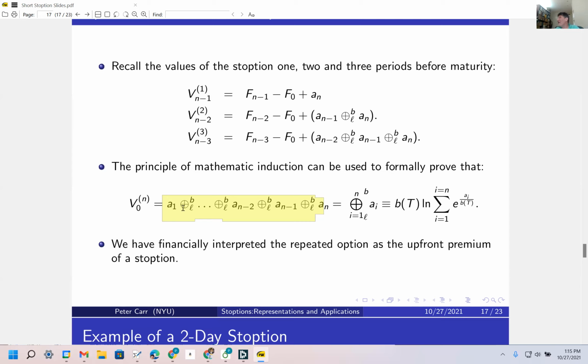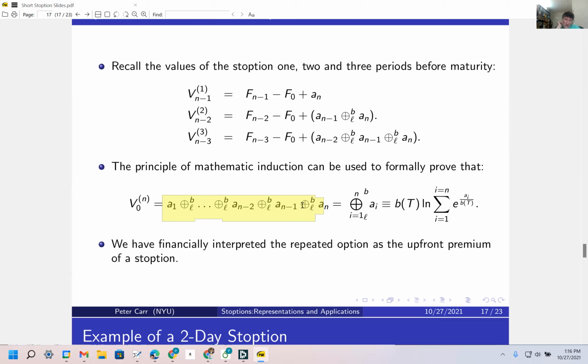It takes just as long to do the binary operations in a particular order as in no particular order. So maybe the most interesting thing is the stoption contract as opposed to the model we happen to be using to value it.